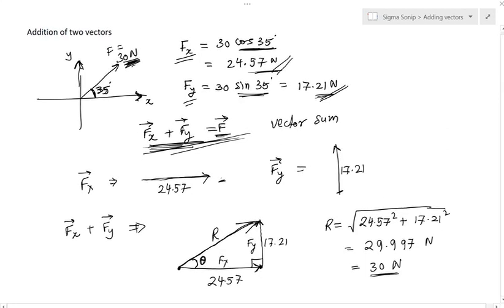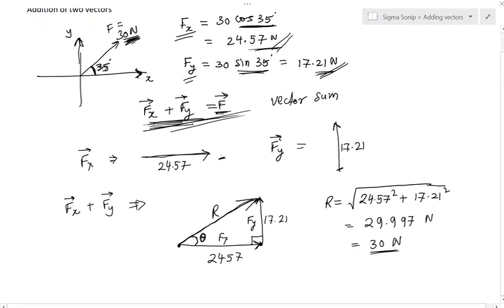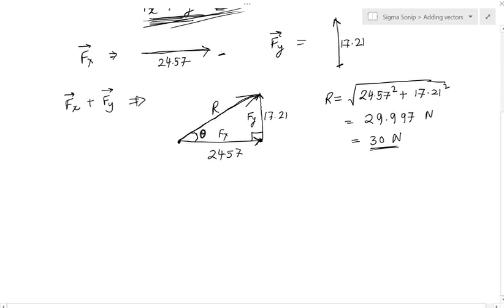Remember that the direction of this 30 Newton force was 30 degrees from the x-axis. So we need to find this angle, and that angle should come out as 35 degrees. Again, we can use elementary trigonometry here. We can find tan theta in this triangle.